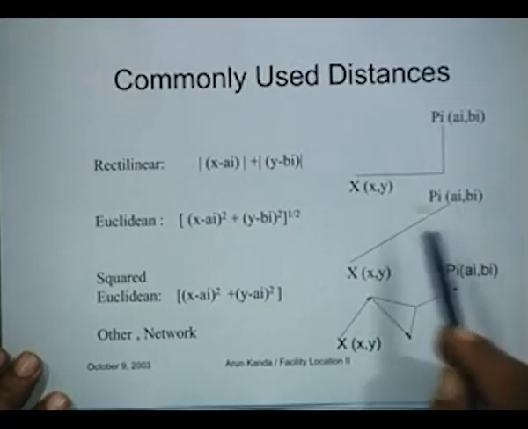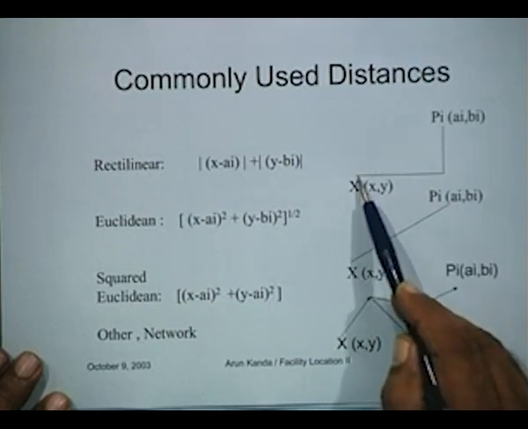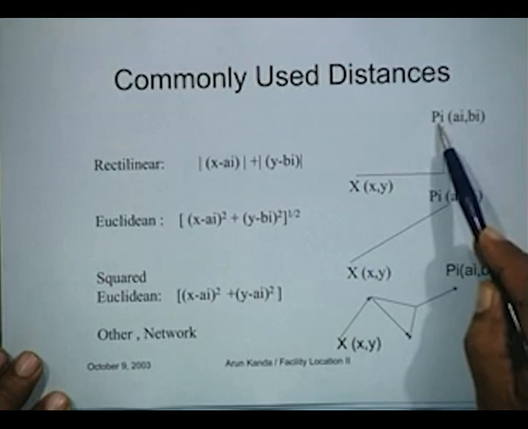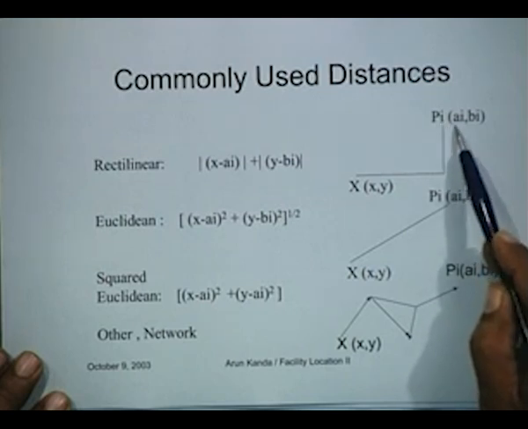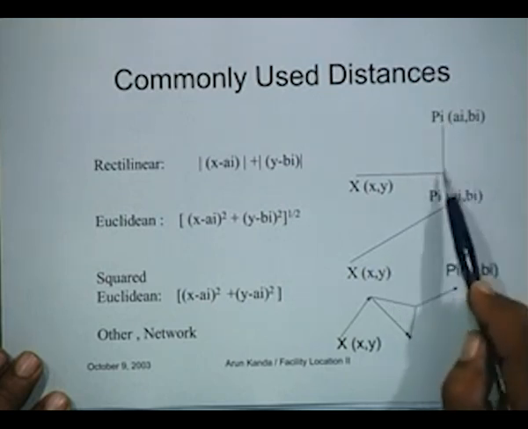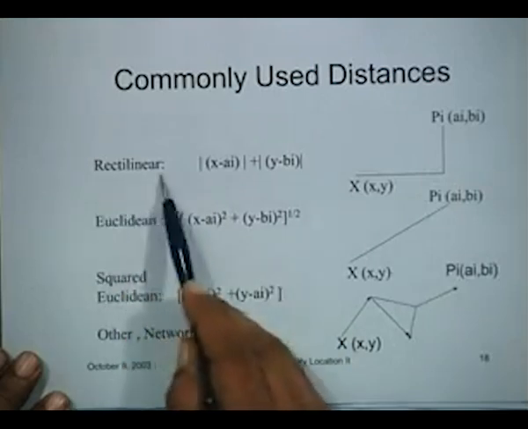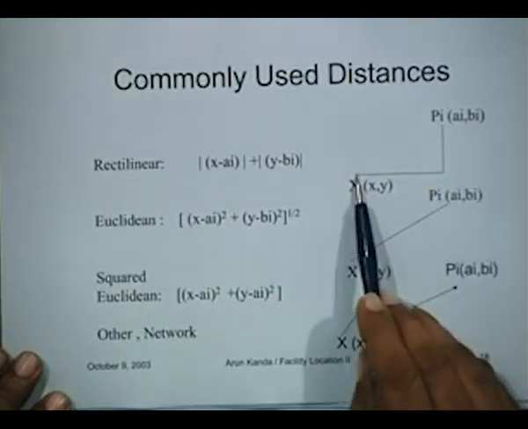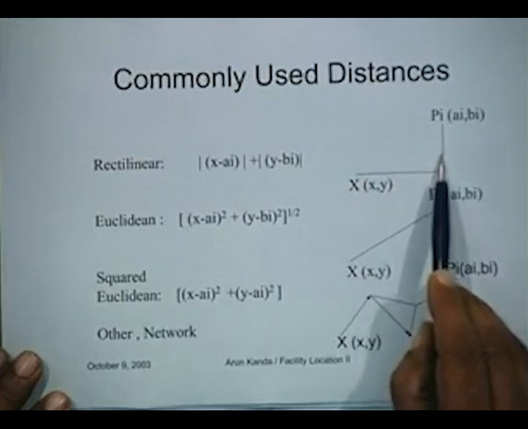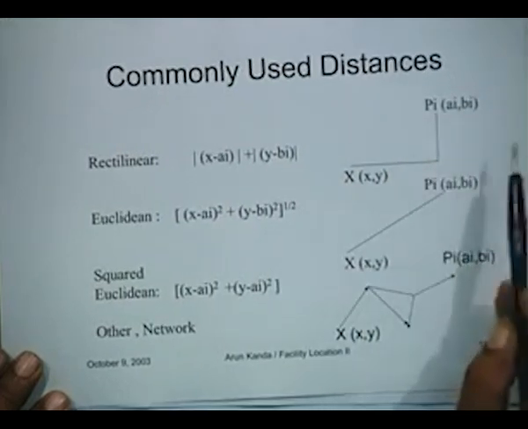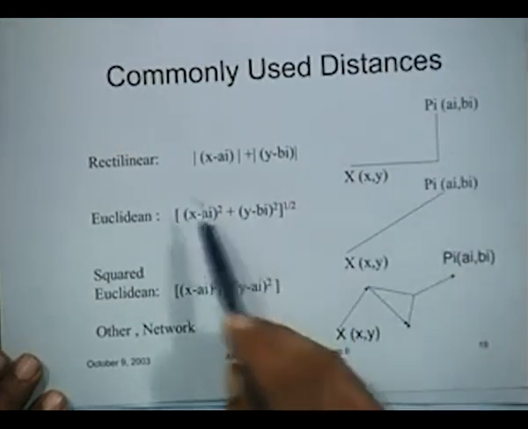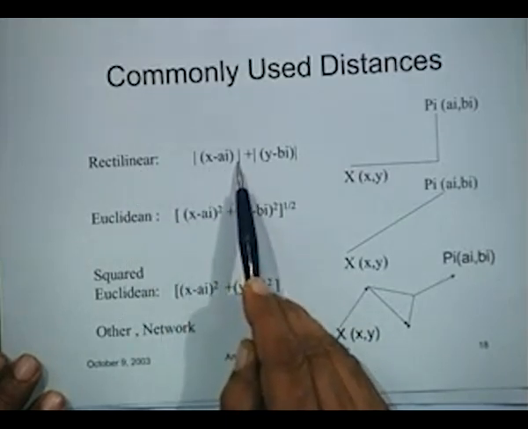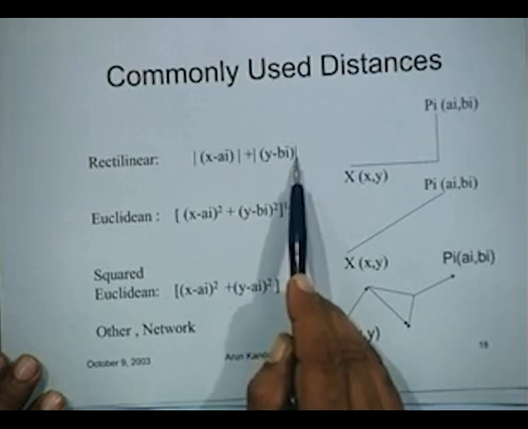For instance, if the location of the new facility is at x and the ith existing facility is located at the point pi, which has coordinates ai, bi, then the rectilinear distance between these 2 points is this distance and then this distance, and mathematically the rectilinear distance is represented by |x - ai| + |y - bi|.